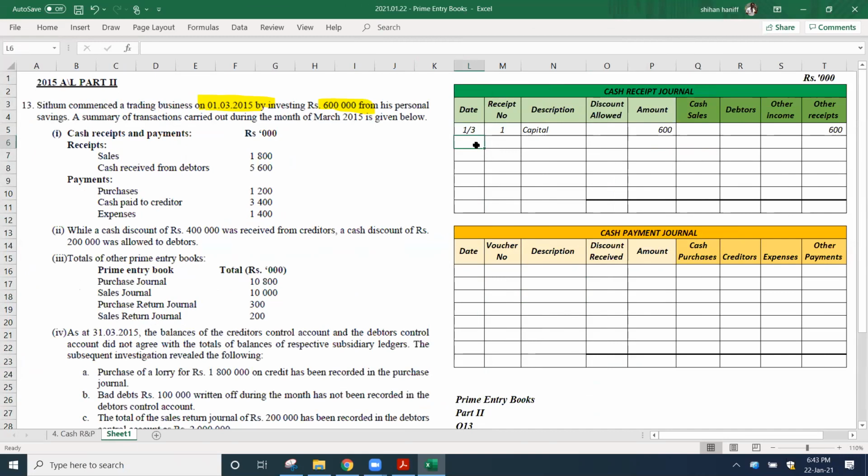Then we have sales 1.8 million. These cash sales 1.8 million. Then from debtors 5.6 million.